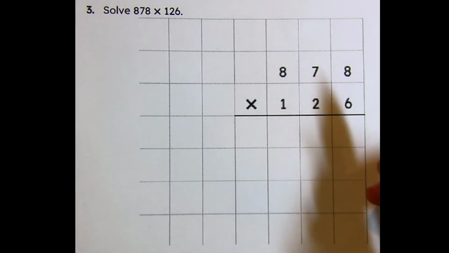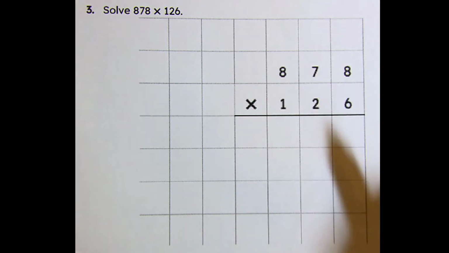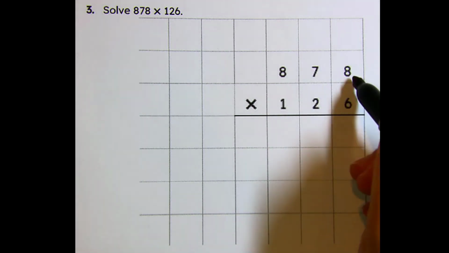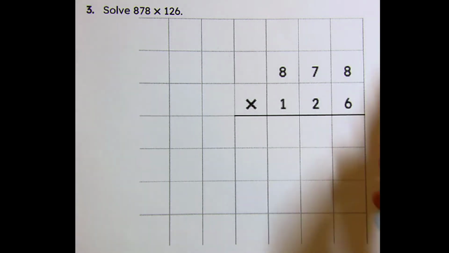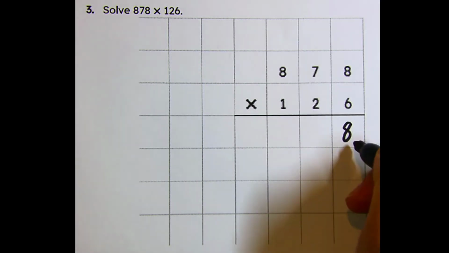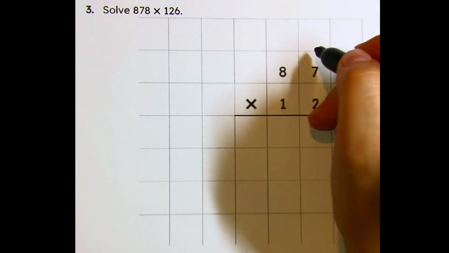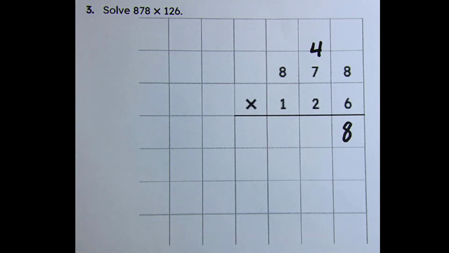So let's start. First, I have 6 ones times 878. Ones times ones is ones. 6 times 8 is 48. So I have 8 in the ones position, and I'm going to carry the 4 from 40.